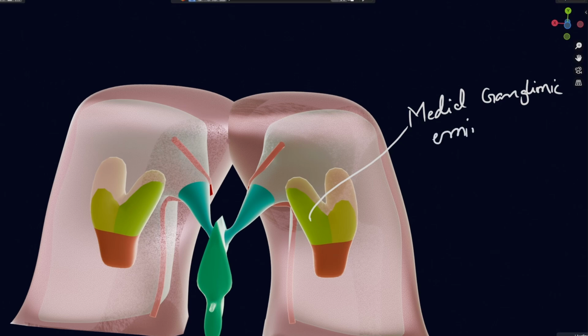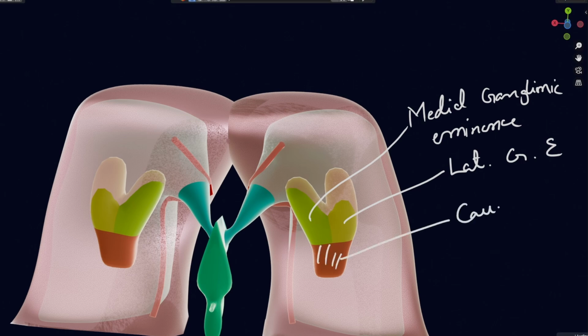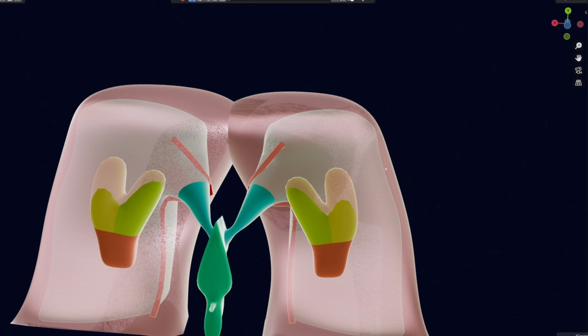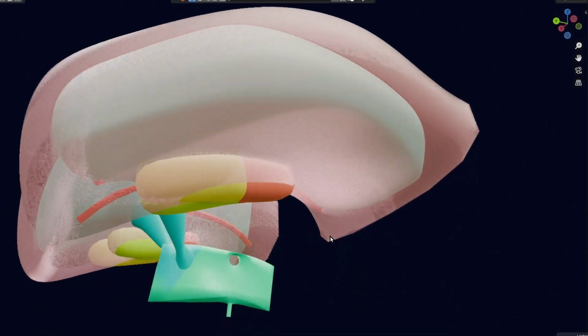Anyhow, conventionally it is called the medial ganglionic eminence. This is the lateral ganglionic eminence, and this is the caudal, it is behind. It is the caudal ganglionic eminence. Now these ganglionic eminences are very important because some important structures develop from them.